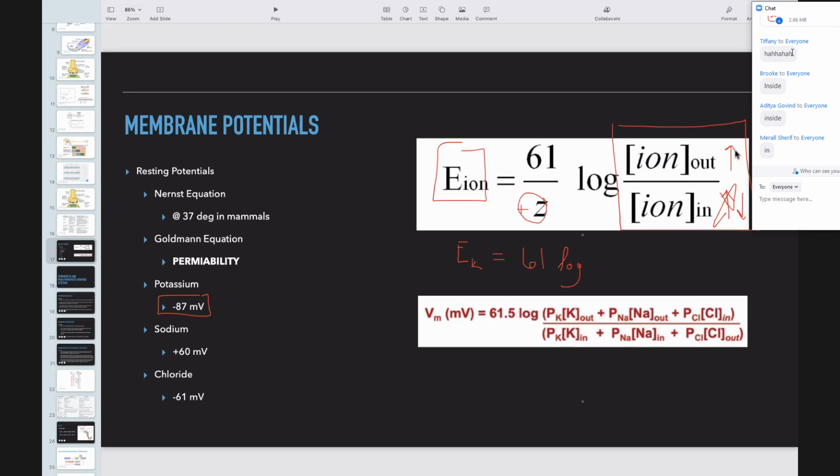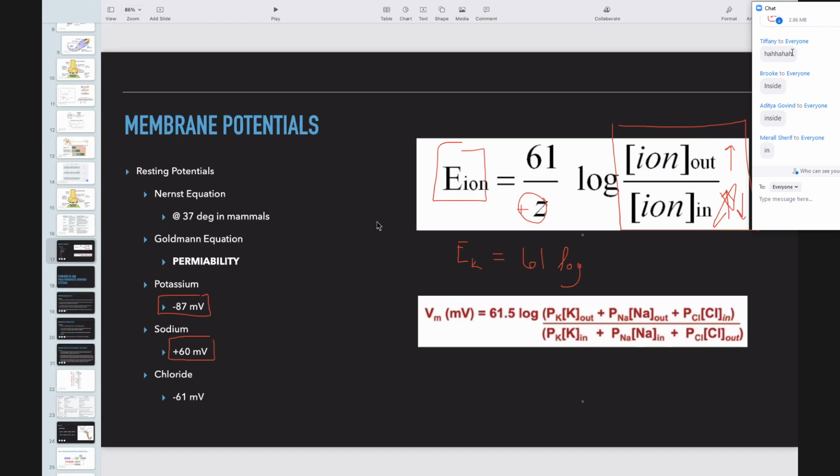So the ratio of out versus in will be greater than 1. We have a larger numerator than denominator. A log of a number greater than 1 is positive. So this is a positive term, and this is still a positive term. The resting potential of sodium is positive.